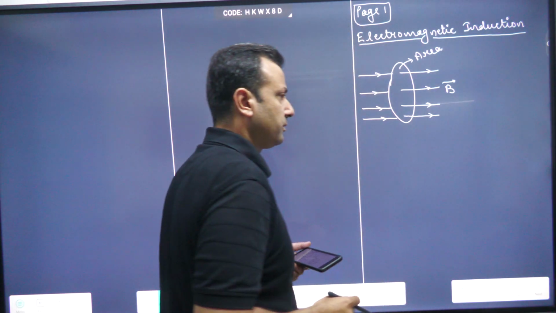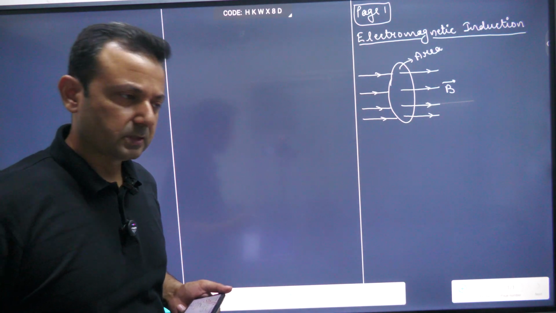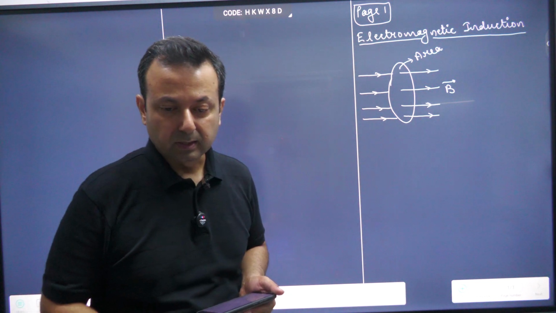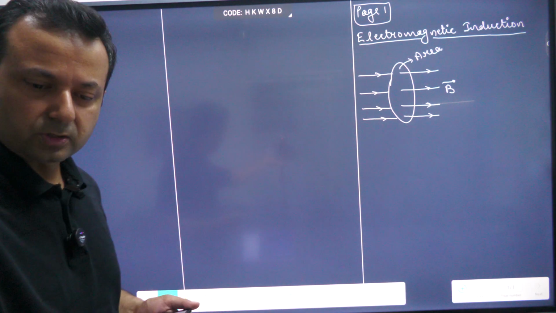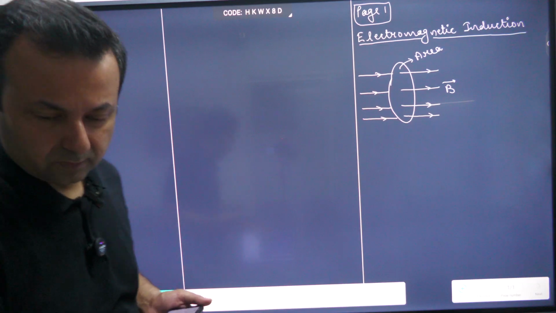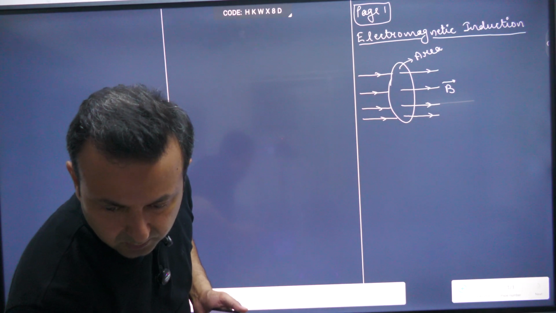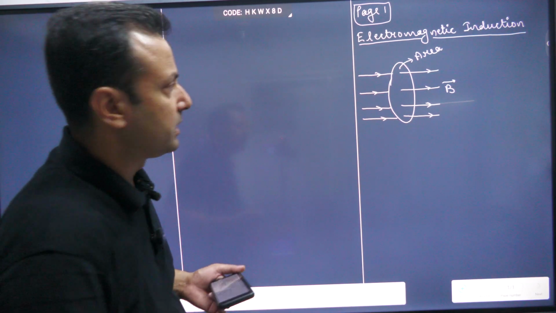So what is the direction of area? Always remember that the direction of area is always normal to itself.